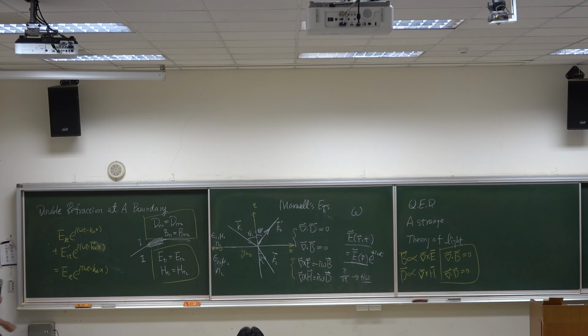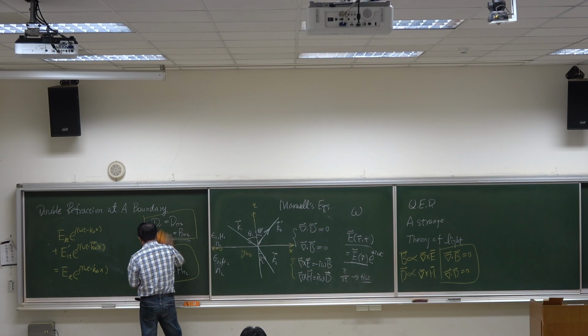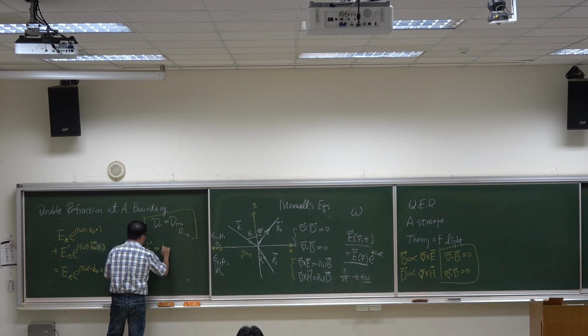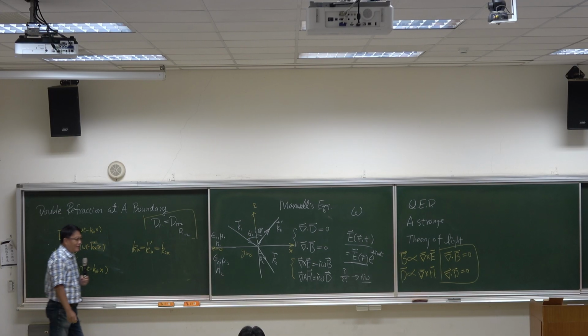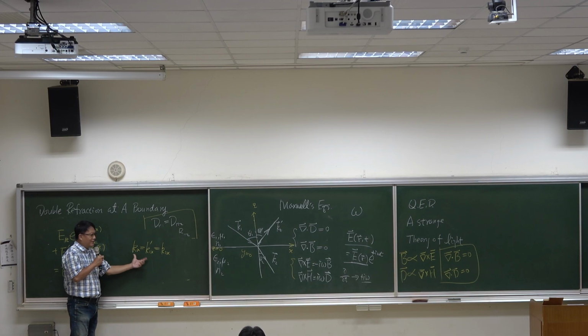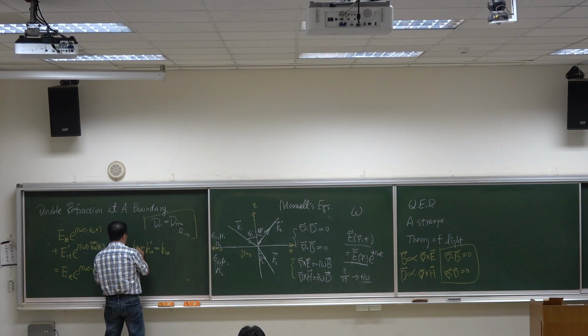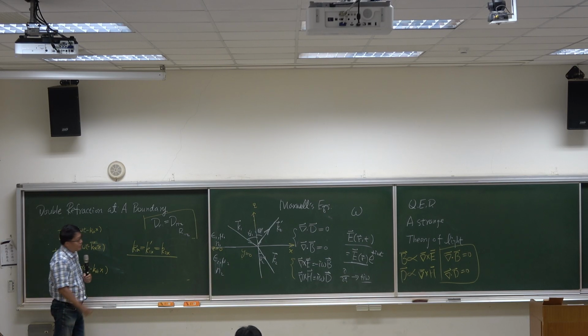When you compare them, you can very easily find the relation that we must have k1x equal to k1 prime x equal to k2x. We have to have this restriction so this equation can be satisfied. And what does this equation mean?